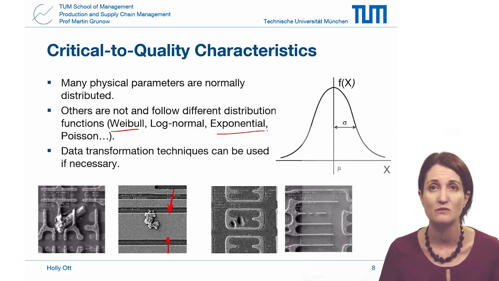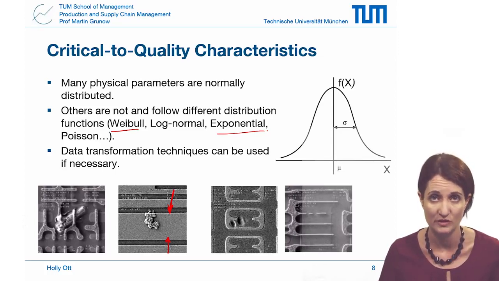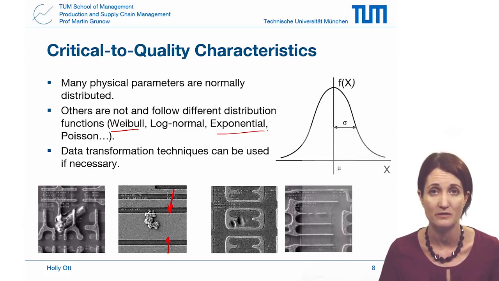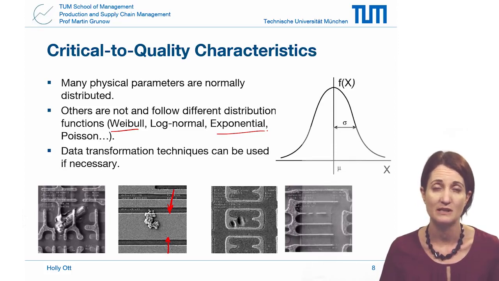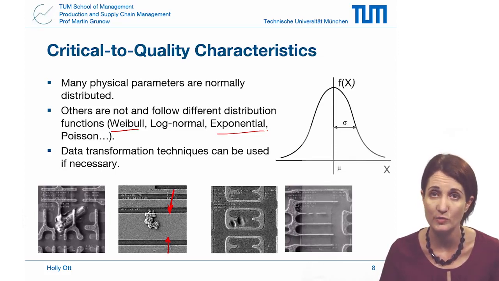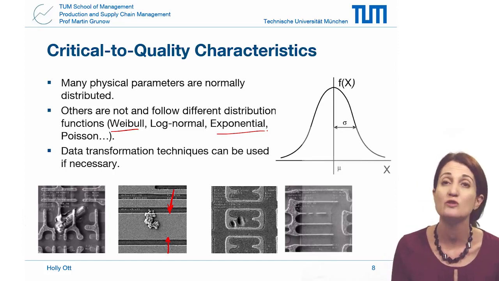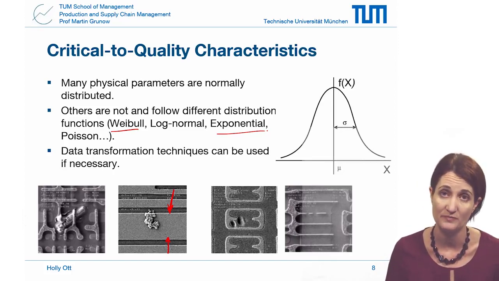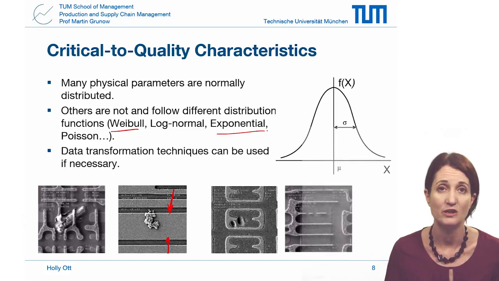And yes, we're focusing a lot on the normal distribution. For some of our statistical techniques, it won't matter. Depending on what process you have, you can still use the techniques that we go over. And for others that do require normal distribution, you can do some kind of data transformation and then transform the data into a normal distribution.